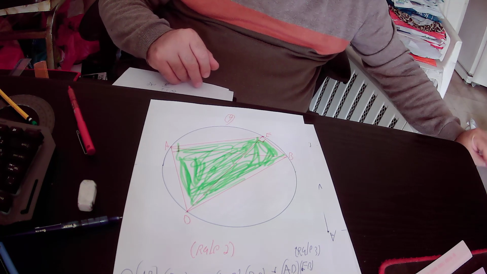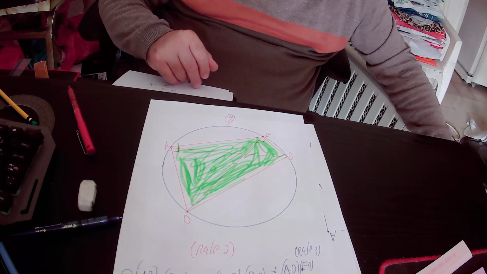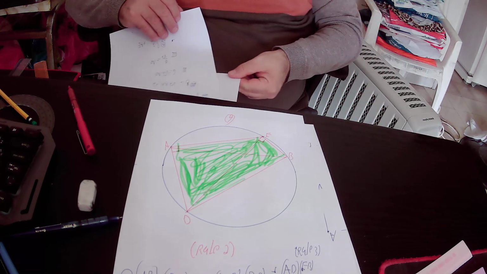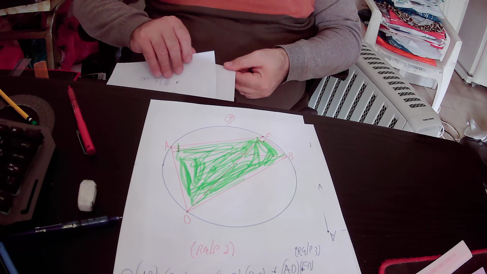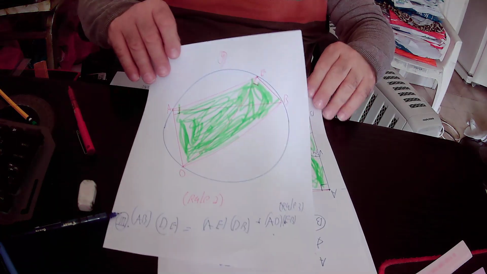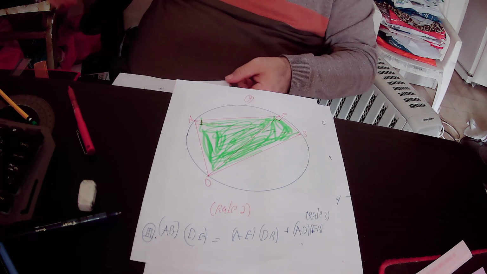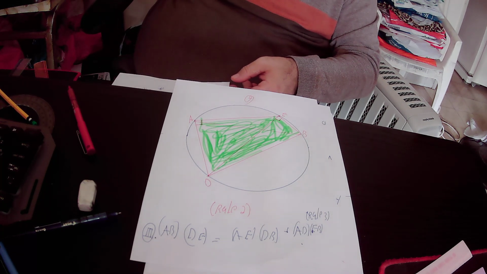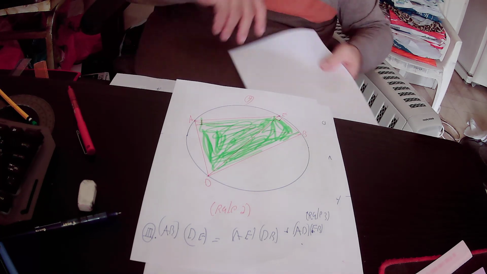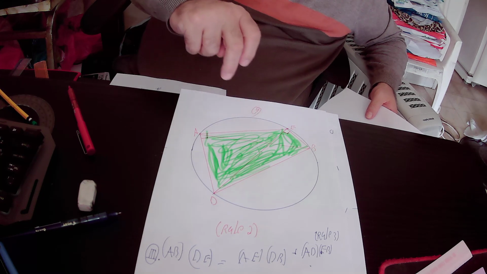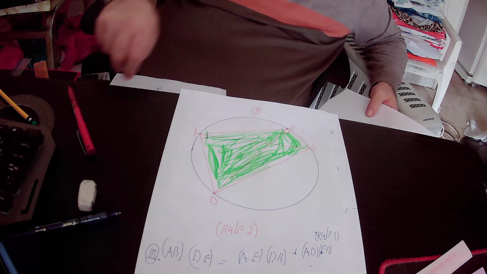I will repeat again on rule number 3. We have quadrilateral AEBD in the green color that is inscribed by a circle.